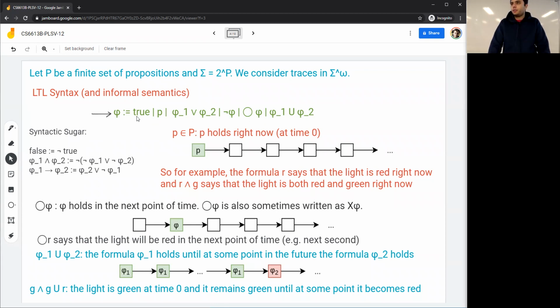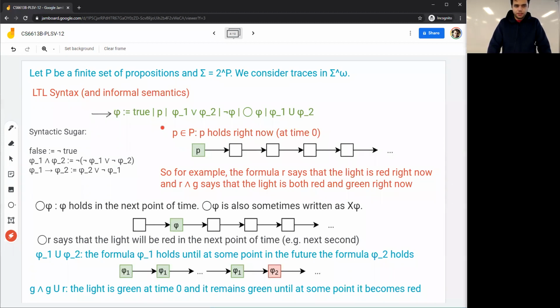Because anything else that you did in propositional logic, I can just define as syntactic sugar. For example, I can define false as the negation of true. I can define and using or and negation. So phi1 and phi2 is basically the negation of not phi1 or not phi2, right? And I can also define entailment and so on. Okay.